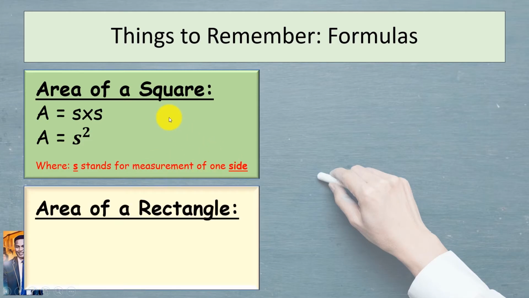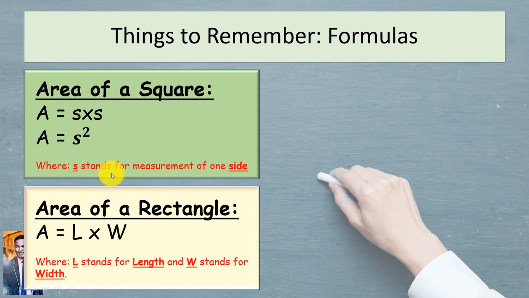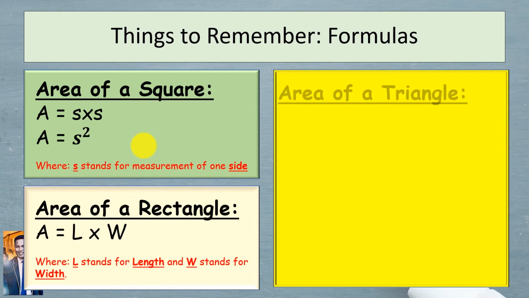Next, area of a rectangle. Area of a rectangle is equal to L times W, wherein L stands for length and W stands for width. Okay? Next, we have area of a triangle.